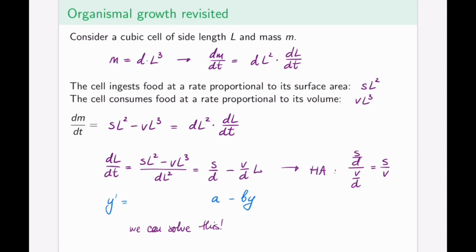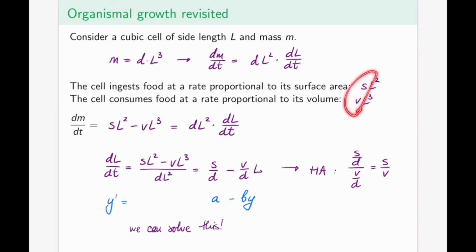That means that in my solution, I'm going to go from the derivative of L to L itself, and L itself as a horizontal asymptote will approach S over V. So as the cell grows, these constraints of the ingestion and the consumption of nutrients will lead to the length of the side of the cube of the cell, so the dimension of the cell, to be bounded by this ratio S over V. So the ratio of the proportionality of the surface area to the proportionality of the volume.